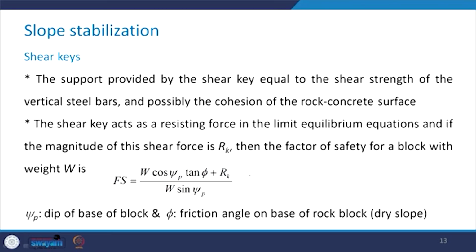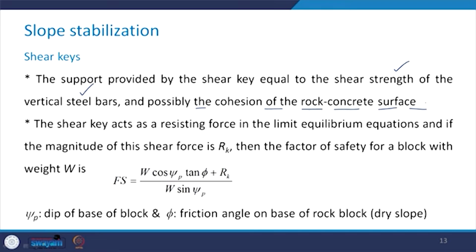Now, what happens when you provide the shear key? The support provided by the shear key is equal to the shear strength of the vertical steel bars and possibly the cohesion of the rock-concrete surface. These shear keys act as a resisting force in the limit equilibrium equations.